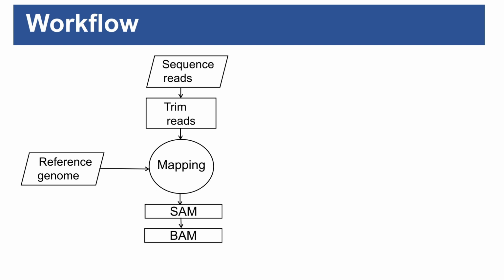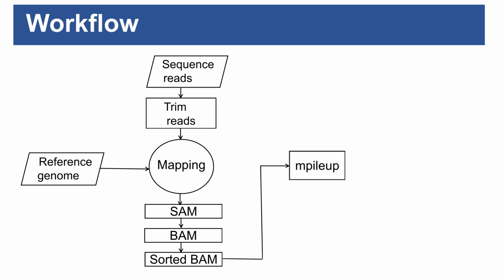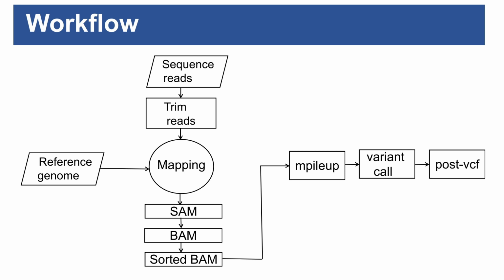This SAM file will be converted to a BAM file, and then the BAM file will be sorted. After that, we are going to use the BCFTOOLS mpileup command to generate the coverage information for all the bases. After that, we are going to call the variants using BCFTOOLS, and then we are going to do some post-VCF analysis. So this is the workflow we are going to use. Without further ado, let's start the exercise.